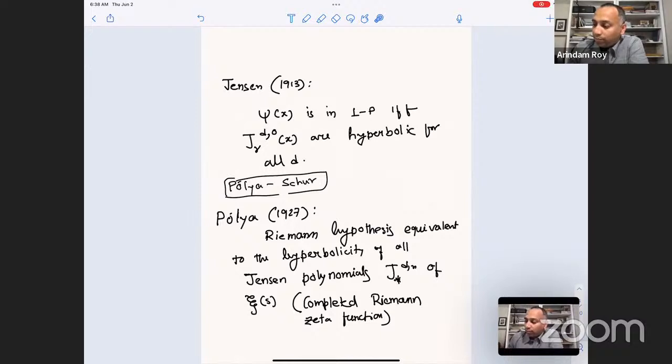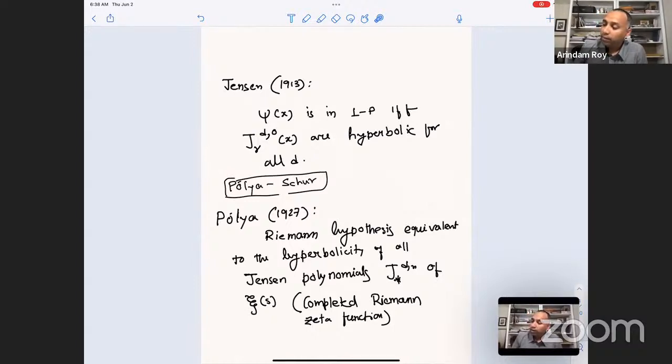So sometimes people mention that if psi x is in LP, then any derivative of psi x is also in LP, because when you take the derivative, the corresponding Ensign polynomial is just the shift. But I think the most interesting result that motivated further study was by Polya.